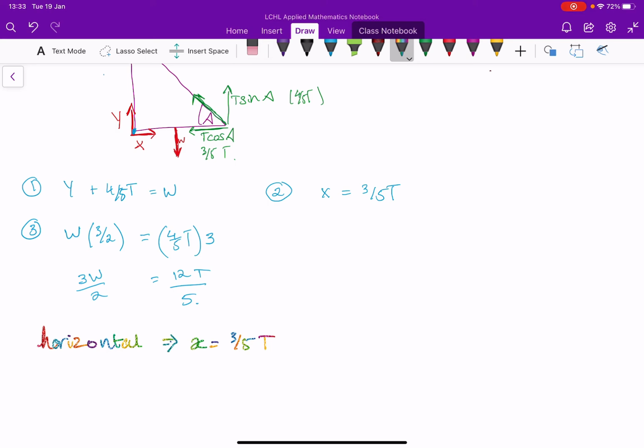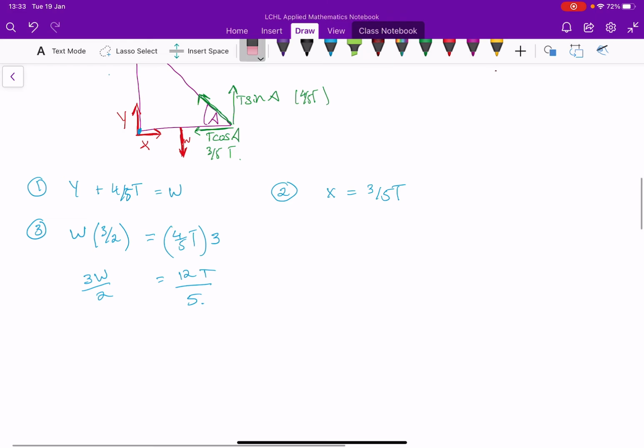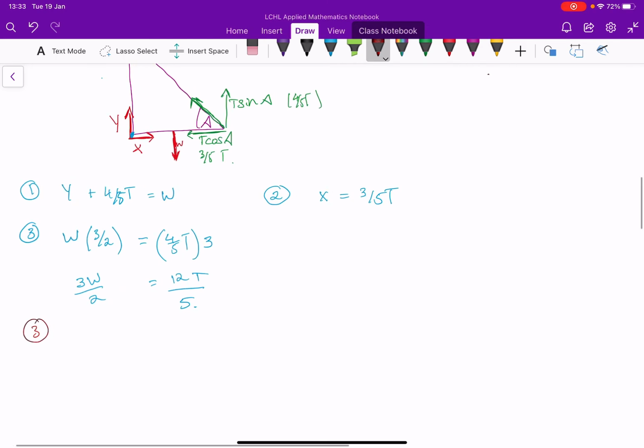I have to sort those out a little bit. How am I going to do that? I'll have to use equation 3. If I multiply both sides by 10, then I get 15W equal to 24T.